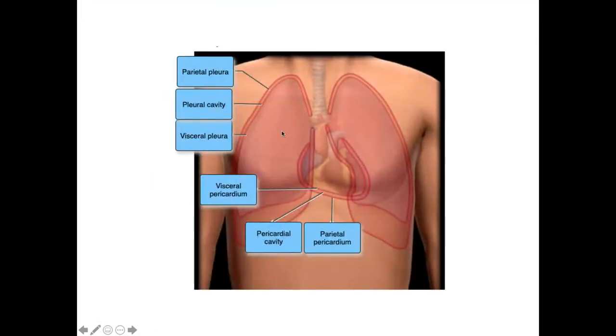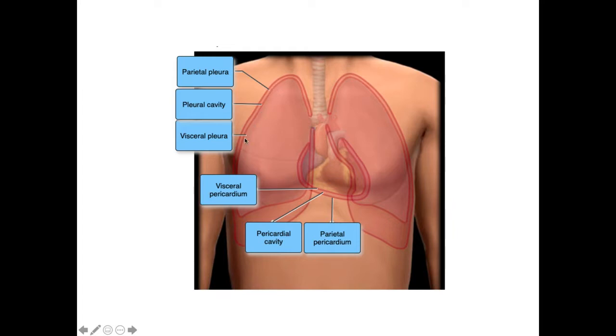So if we were to look at the lungs and the heart here, let's look at the heart again. Here's the heart. The layer that covers the heart is the visceral pericardium. Around the cavity is the parietal pericardium. And then the cavity where the fluid is between both is the pericardial cavity. Same concept applies to the lungs.